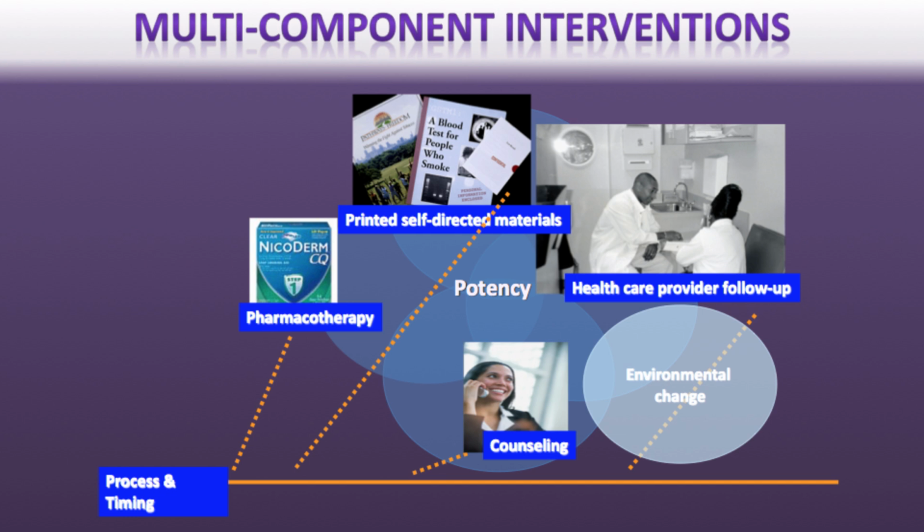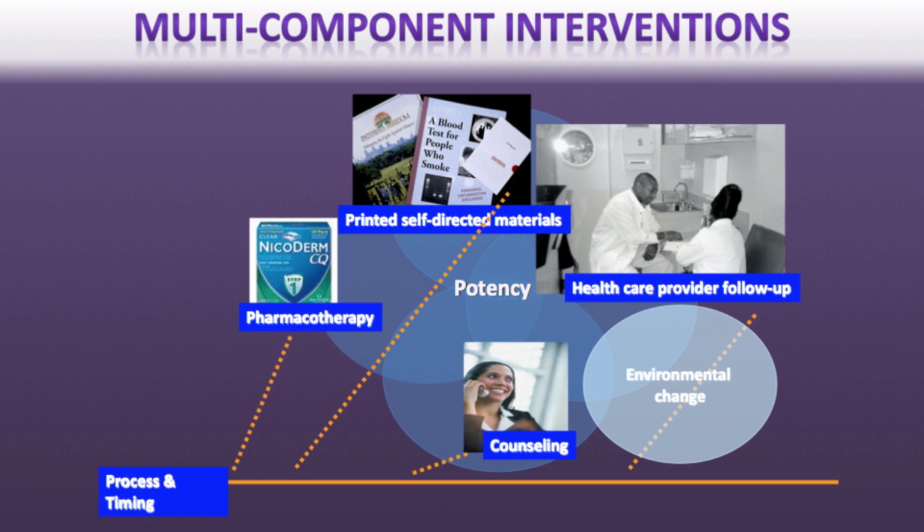So what we find is that when you start adding in interventions, those rates go up. For example, adding Nicoderm patches has a pretty good impact, somewhere in the 10 to 30% range in terms of people being able to quit smoking. So that's a substantial improvement.